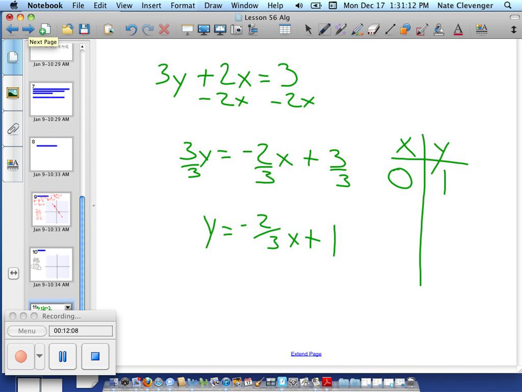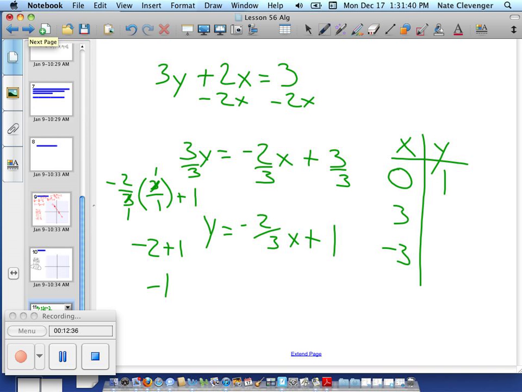Okay. Now, if your denominator is 3, let's use 3 and -3 to plug in. That way, the arithmetic will get easier here. So -2/3 times 3/1 plus 1. The 3 is reduced. I'd appreciate if you'd stay quiet. So this is 1. -2 times 1 is -2 plus 1, -1.